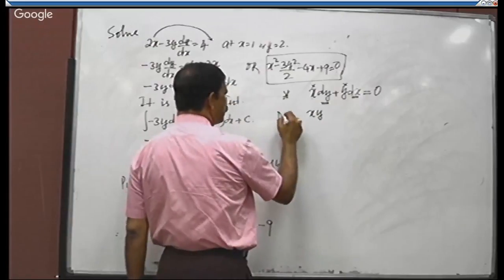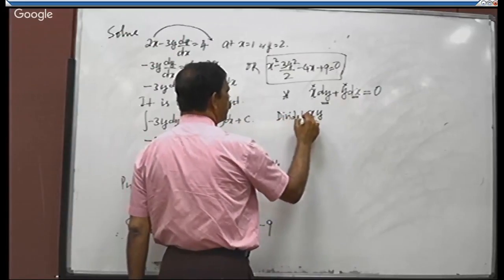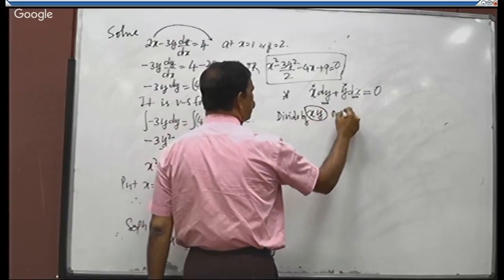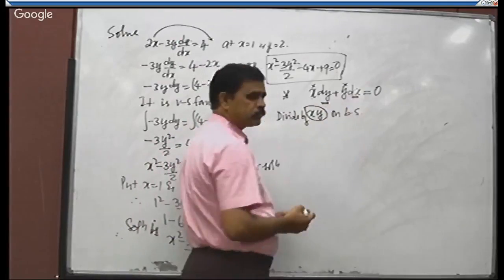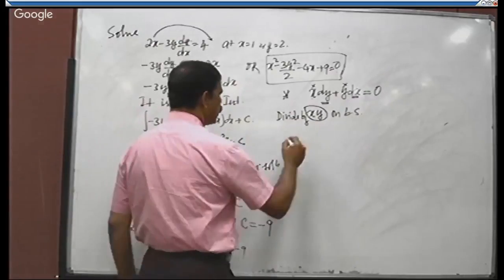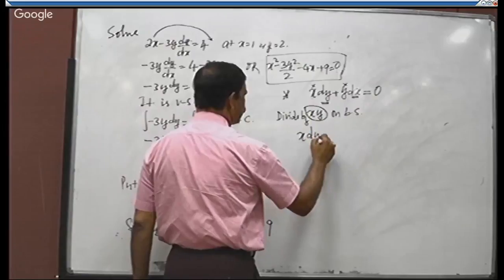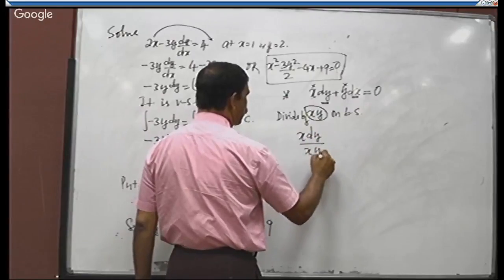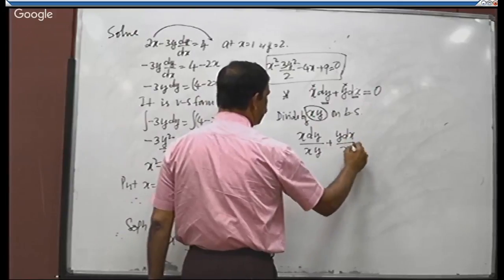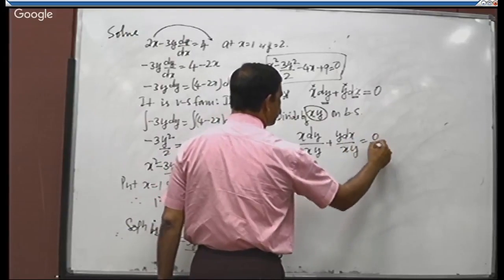So divide by the product, xy, on both sides. That is x dy divided by xy plus y dx divided by xy is equal to 0 divided by xy.